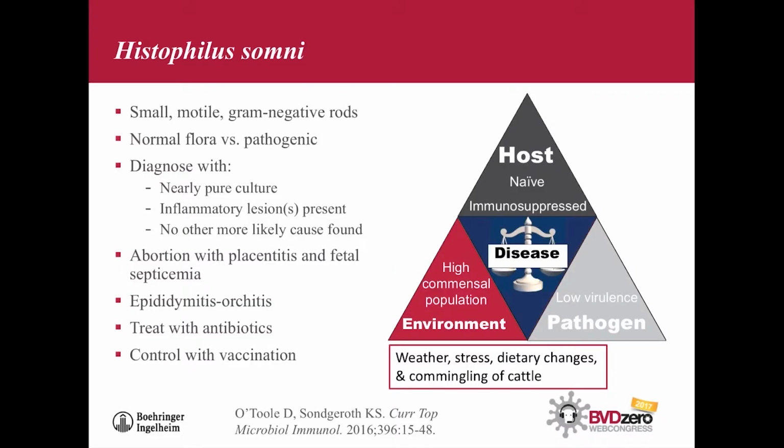As we shift to another organism, this organism is really indicative to us of a whole set of bacterial organisms. This agent called Histophilus somni is associated with some respiratory disease in calves, but also can be associated with reproductive loss.